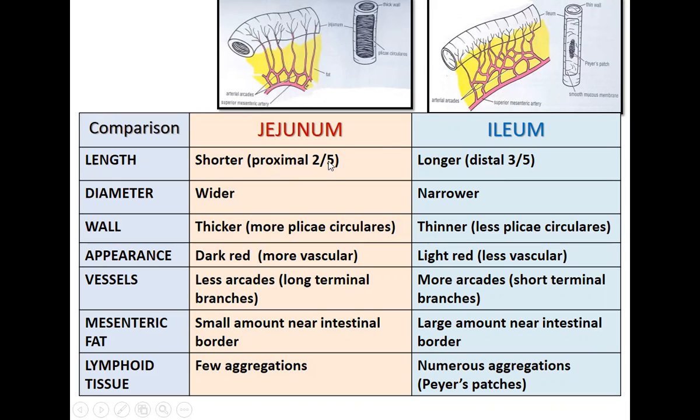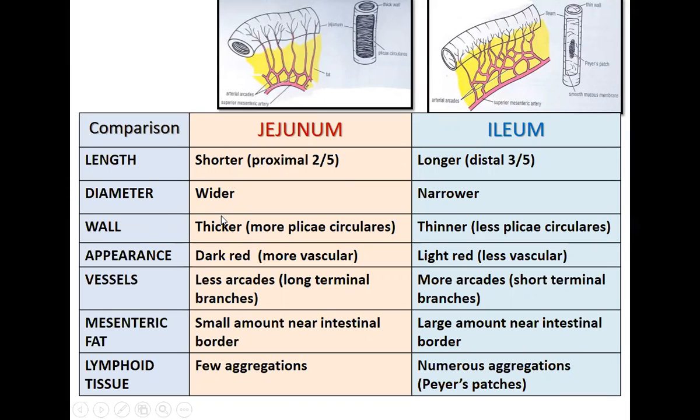So the ileum is longer compared to the jejunum. If you see the diameter, the jejunum is wider compared to the ileum, which is narrow. The lumen will be wider in the jejunum compared to the ileum, where it is narrower.